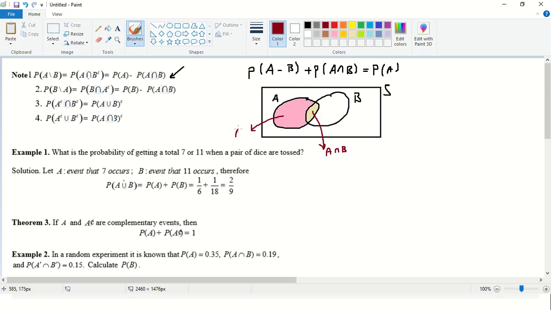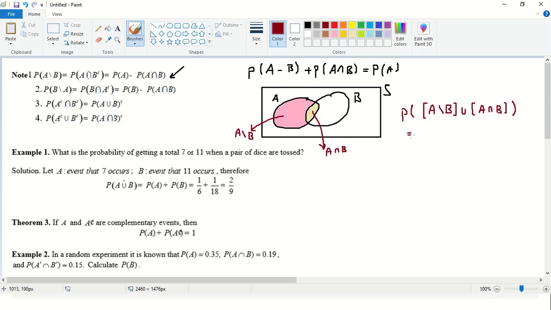They are totally disjoint, and based on the additive rule, I can say that the probability of their union, because they are disjoint, is the same as the addition of their probabilities. So the probability of the union of A minus B, let me write it over here, A minus B union the set A intersected by B, should be the same as the addition of their probabilities, because they are disjoint.